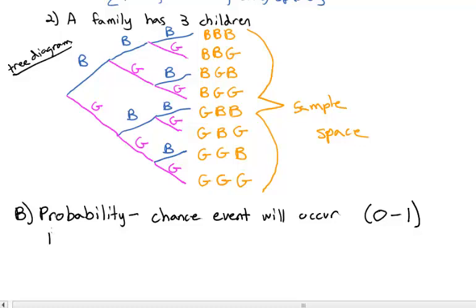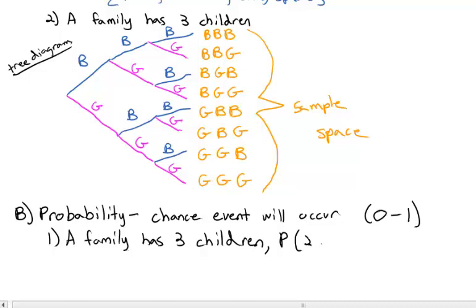So, for example, if a family has 3 children, referring to the example up above, that tree diagram, we're going to find the probability that they have 2 girls. And often you'll see probabilities written in this form where we have a P and then in parentheses something.